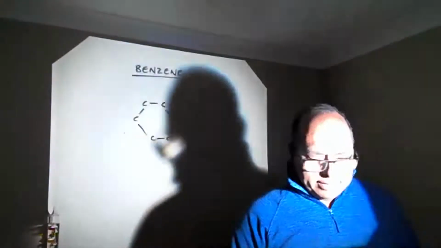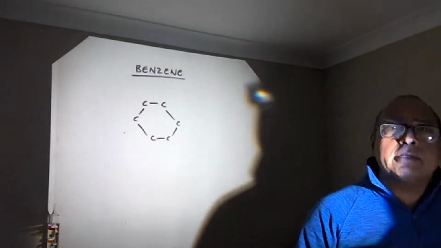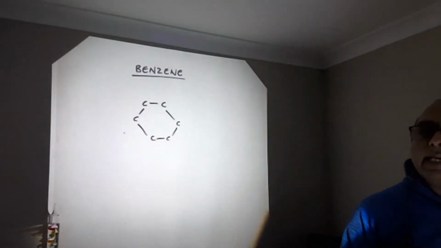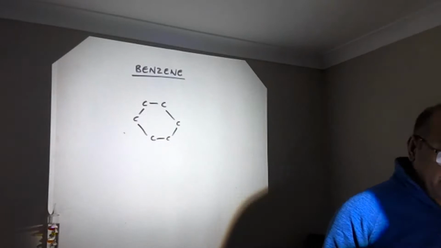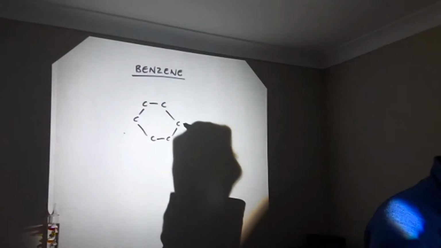Now, that simply gives us 6 carbons in a ring structure, and off each carbon there is a hydrogen.